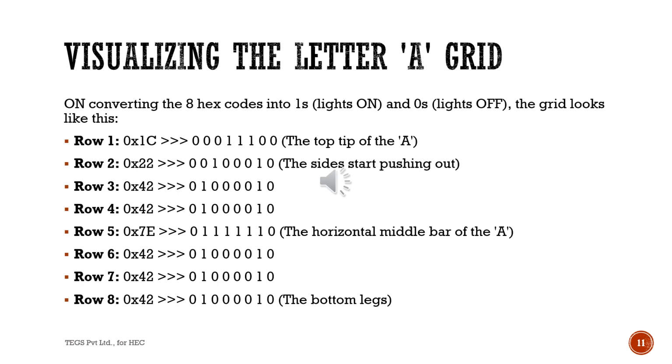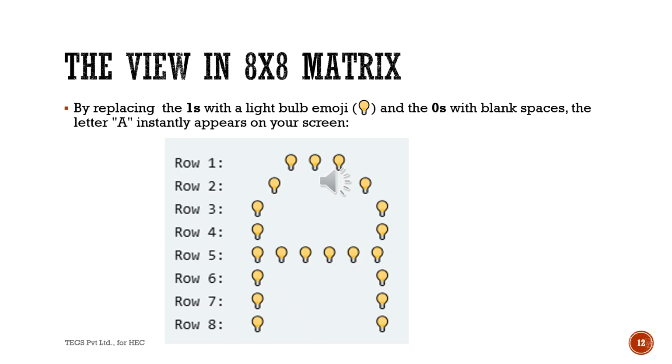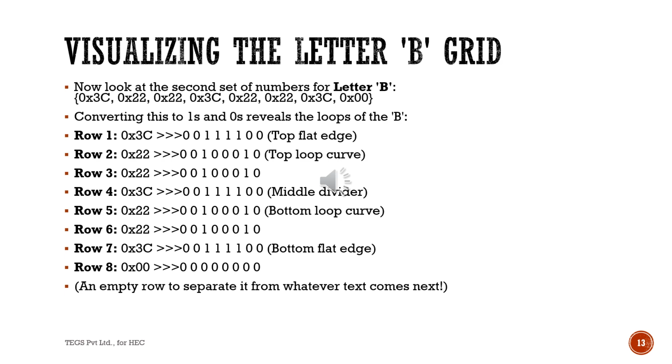Like that, the entire A is defined. The view in the 8 by 8 matrix: by replacing ones with light bulbs and zeros with blank space, the letter A instantly appears on the screen. This bitmap clearly shows the letter B in grid form.